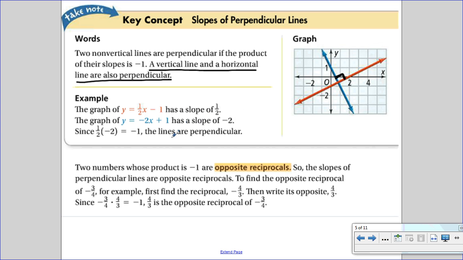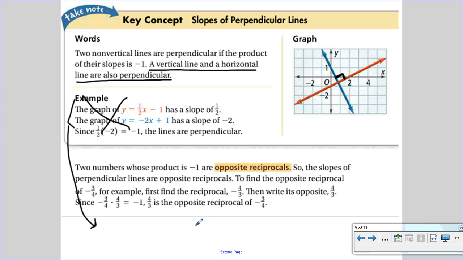So in your notes, I would put this example, but I would put it after. Never mind. If you have this entire little paragraph here, you'll be okay. So two graphs, two lines that have slopes that are opposite reciprocals are perpendicular to each other.